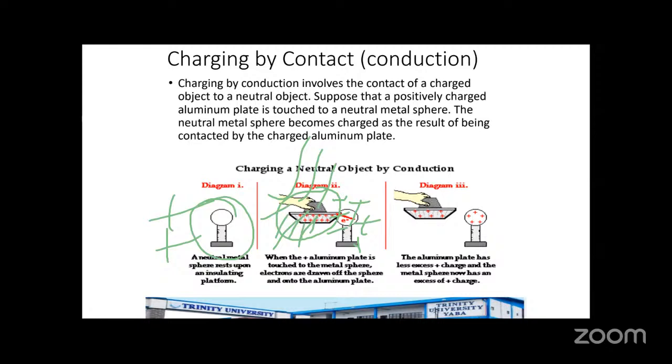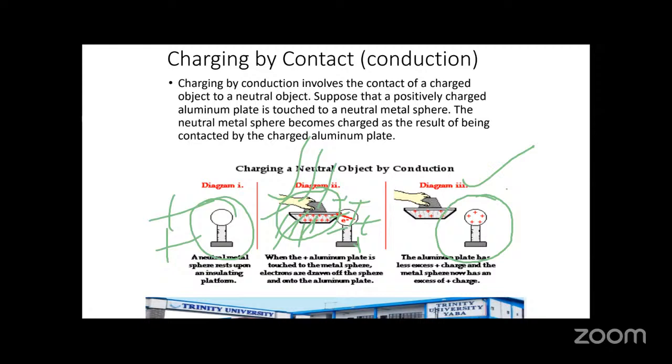And then by the time you remove them, which is the third diagram, the positive charges are the ones that will be left in that object that initially was neutral. So that is how to charge an object by method of conduction or contact.